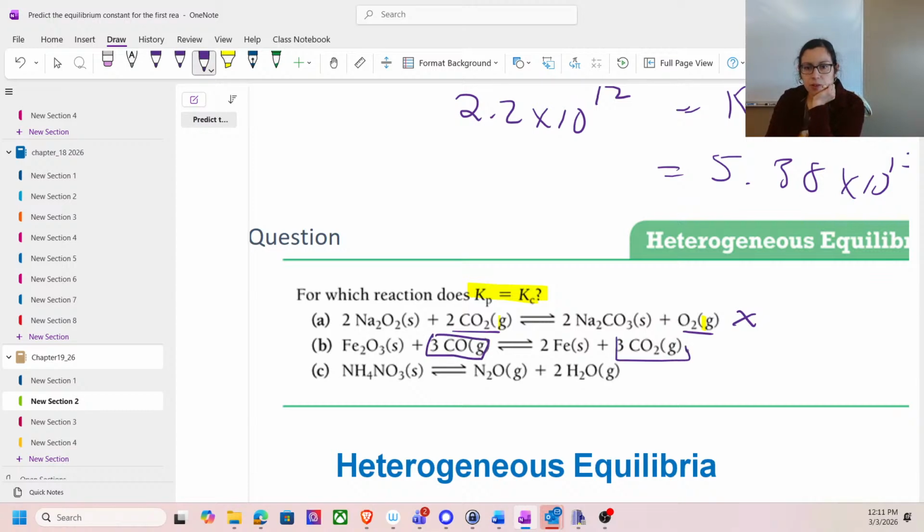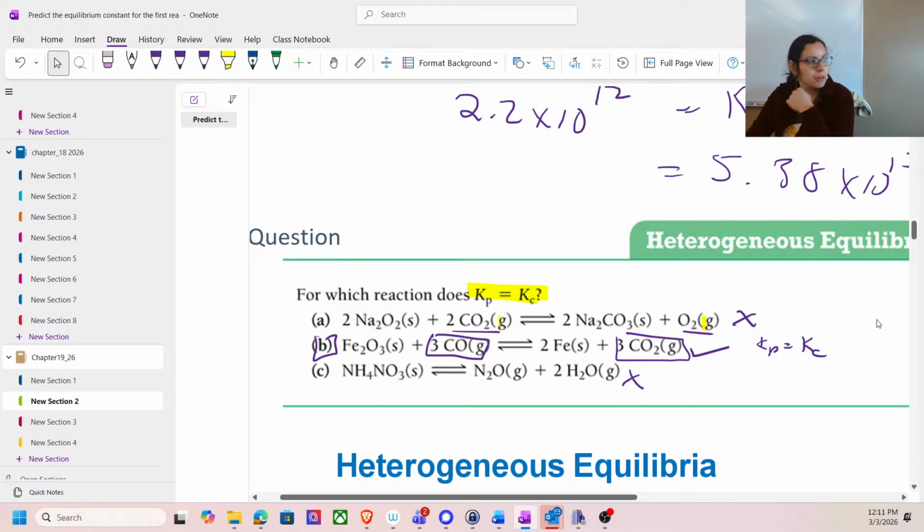Also 3. So this one looks good, that is where Kp will equal Kc. And this one, we only have solid, so no gas molecules, so that one will not be equal. So only B has no change in the moles between reactants and products.